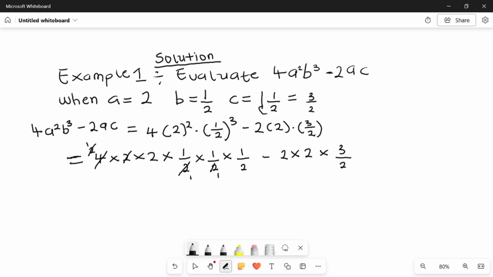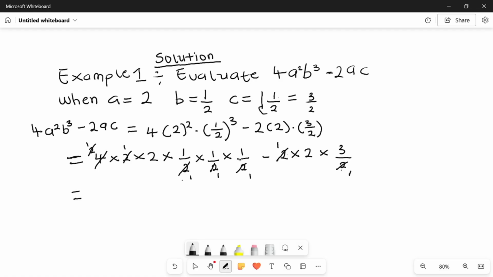Cancel out here, 2 into 2 gives us 1, and 2 into 2 gives us 1. Then we go over to this other side. We cancel out, 2 into 2 will give us 1, and 2 into 2 will give us 1. So we cancel this, and this 2 we cancel with this 4. So we'll be left with what?